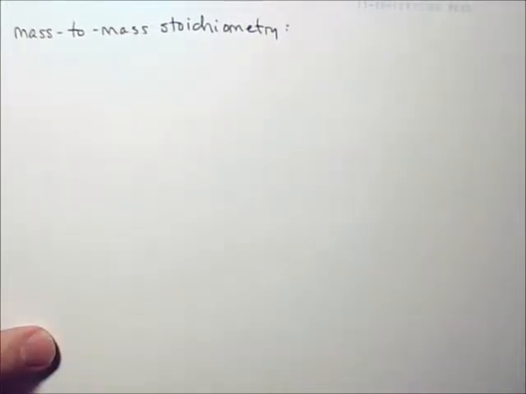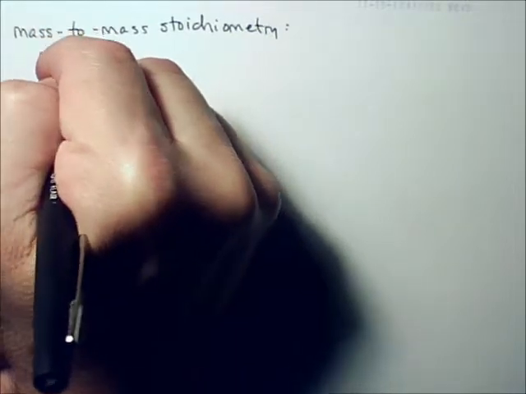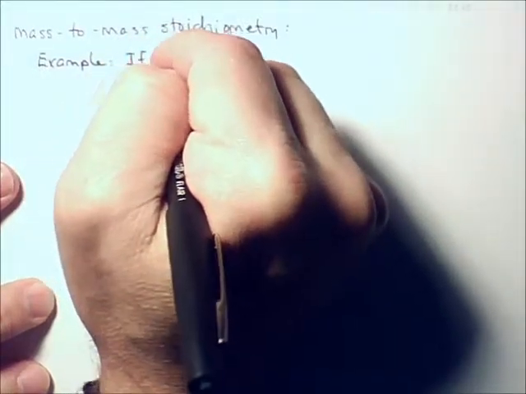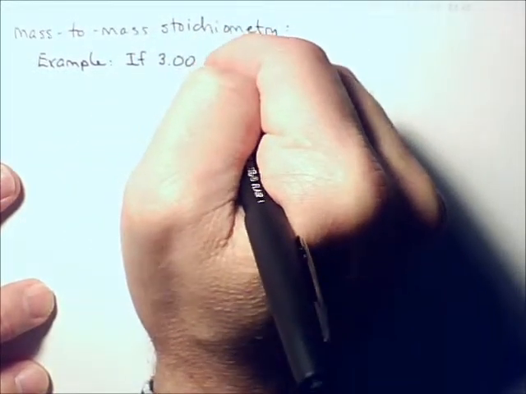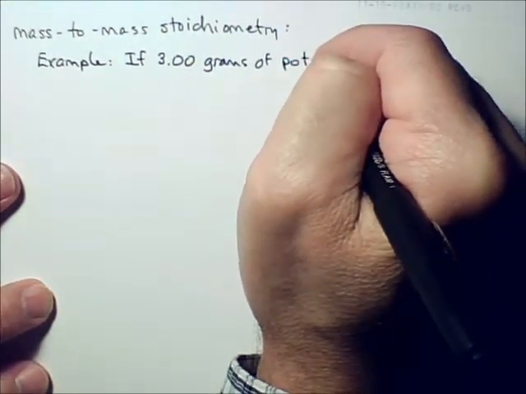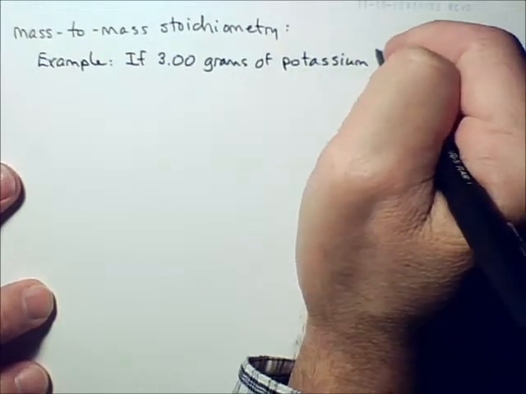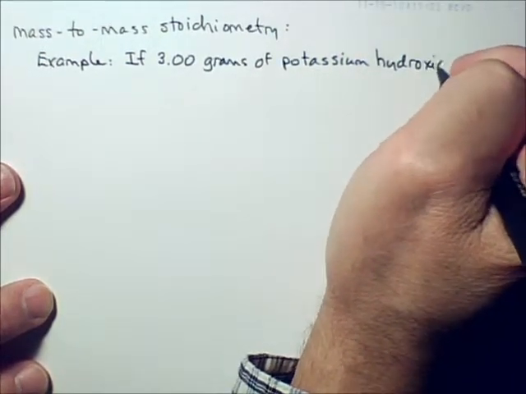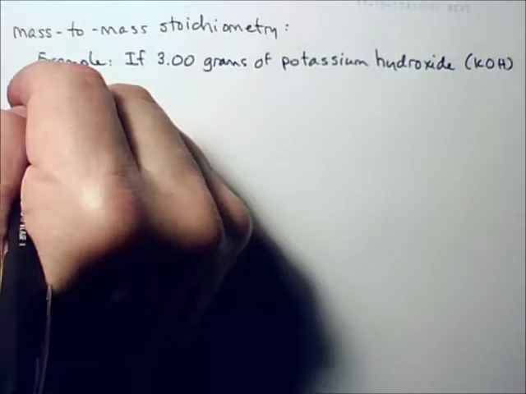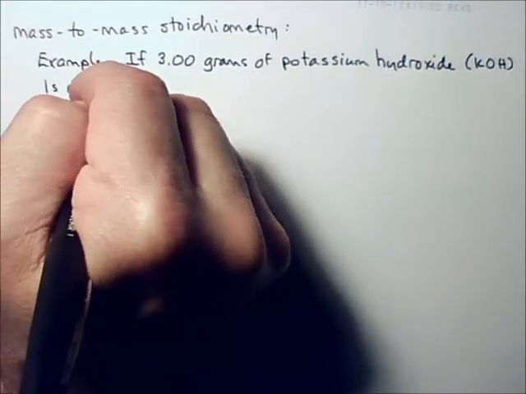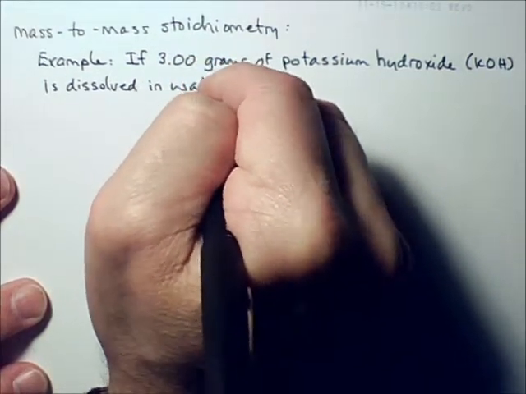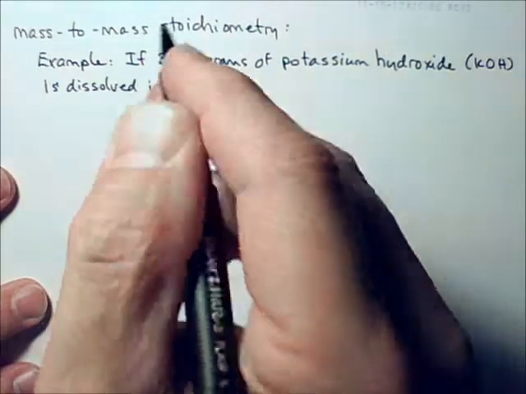All right. So here's our example problem. If 3 grams of potassium hydroxide, and the formula for that is KOH, I'm going to be nice and give it to you, is dissolved in water, what's the physical state if it's dissolved in water?